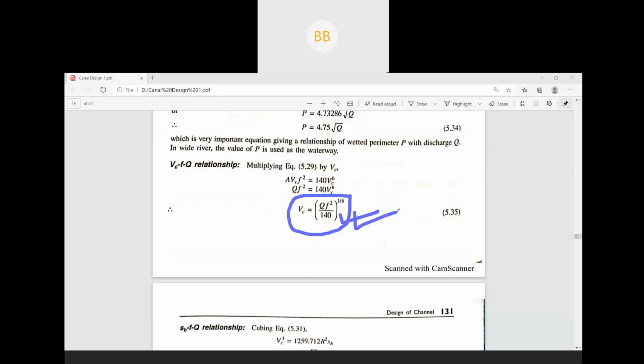So you write down this expression, q f square divided by 140, to the power 1 by 6.